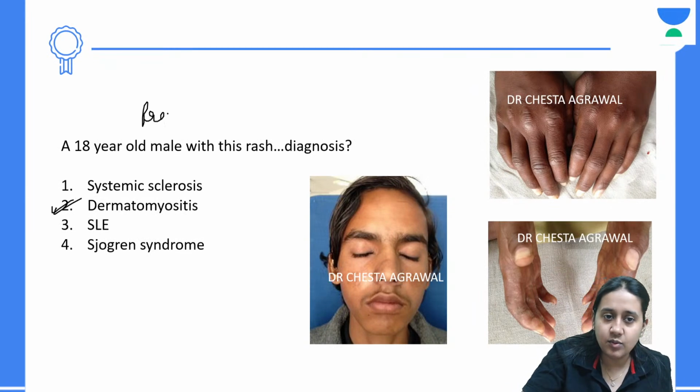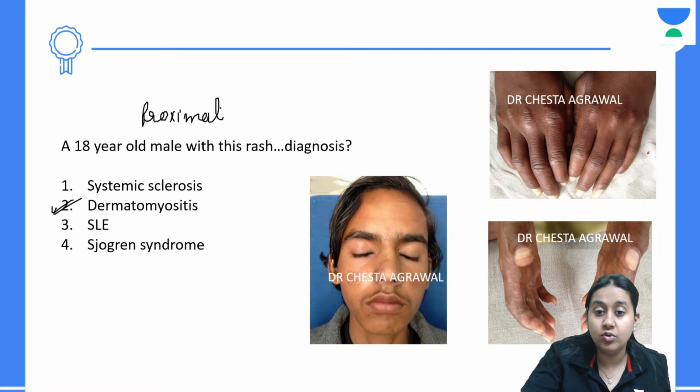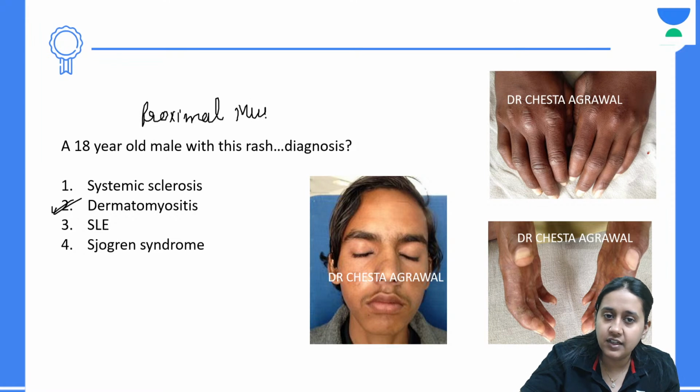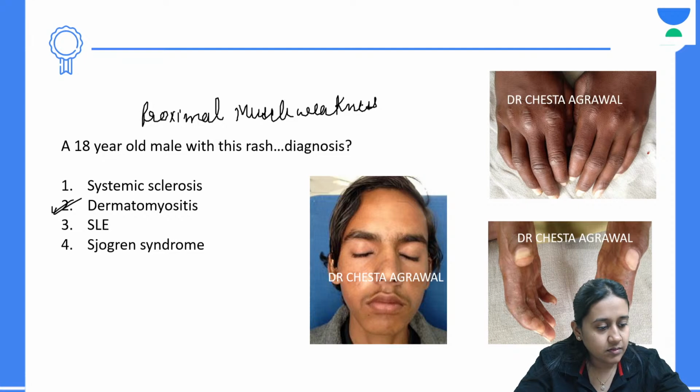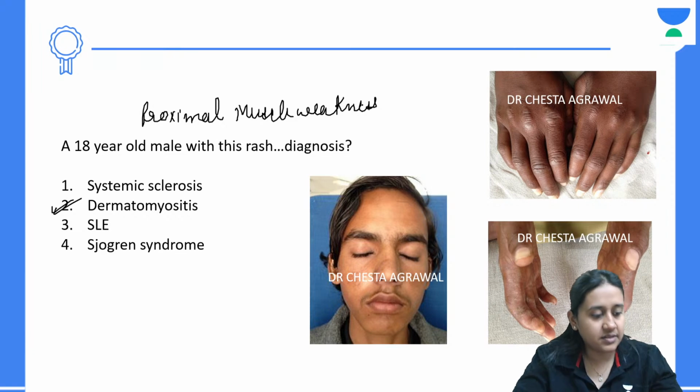Along with that, there was a history that this patient was not able to get up from the sitting position. So, proximal muscle weakness.